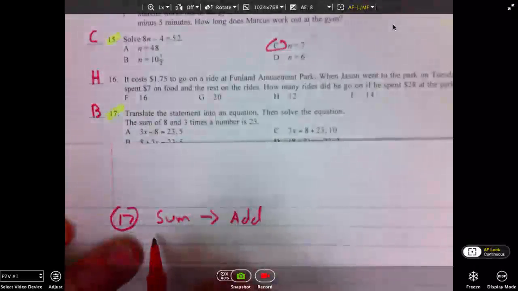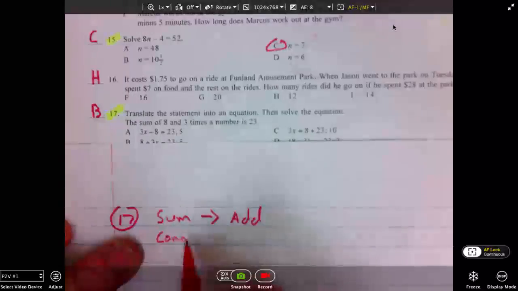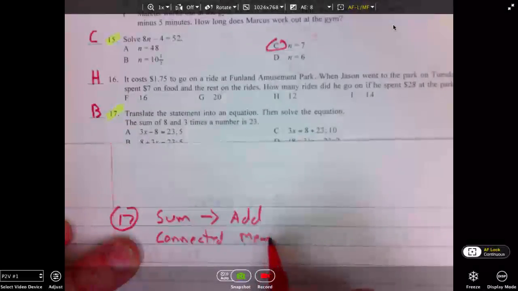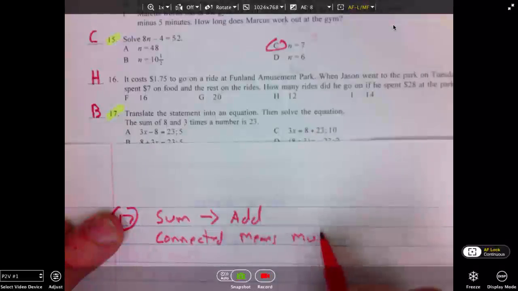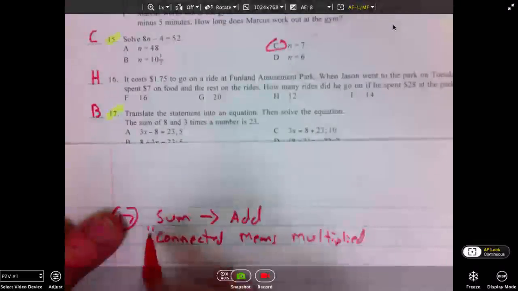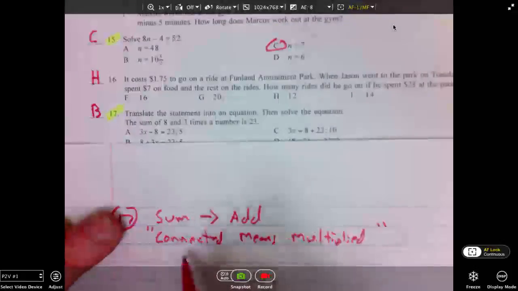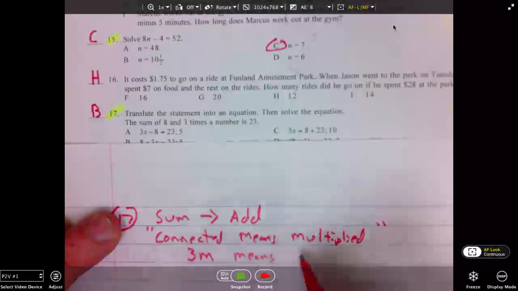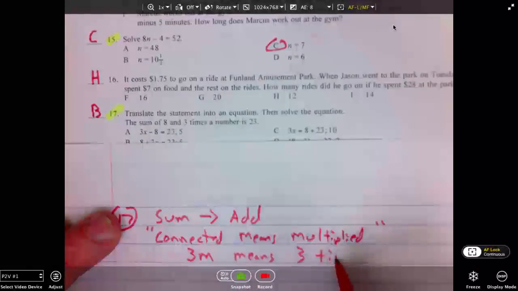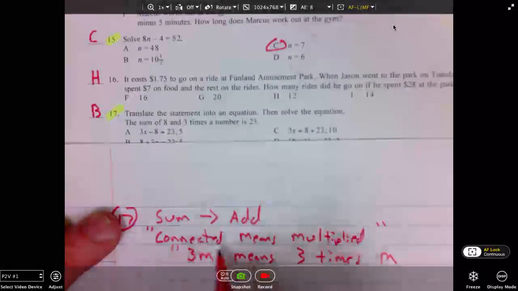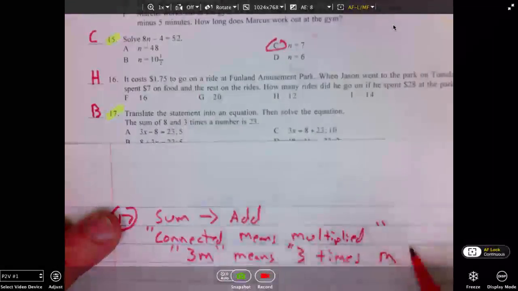Well, we know connected means multiplied. In algebra, when we say 3m, we mean 3 times the variable m. 3m means 3 times m.